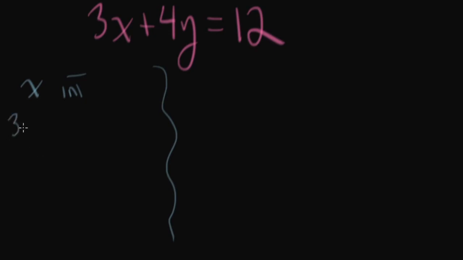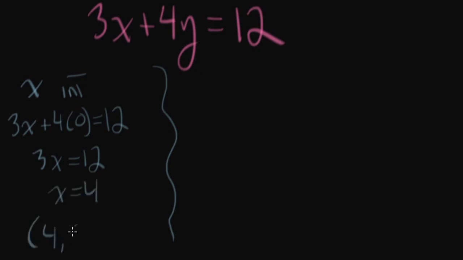There's a shortcut to this, but basically, for the x-intercept, y is literally 0, so you're left with 3x is 12, which is pretty easy math. So x is 4, and your x-intercept is 4, 0. If you're going to do the other intercept, the y-intercept, x is 0.